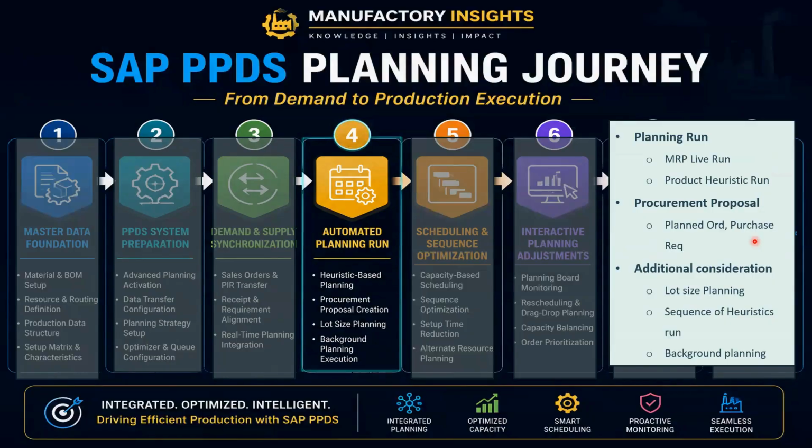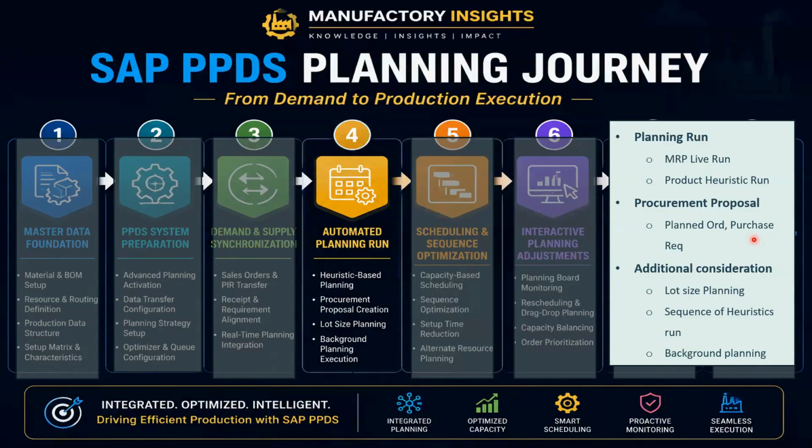If you go with the PPDS planning run, there are more options available. That means the lot size can be varied for the particular material, and SAP also provides multiple planning heuristics to plan the specific material, for example, shelf-life planning.